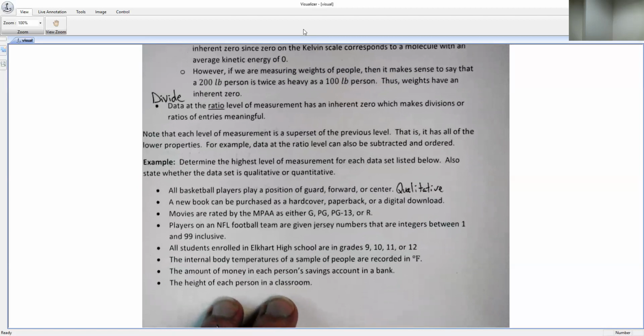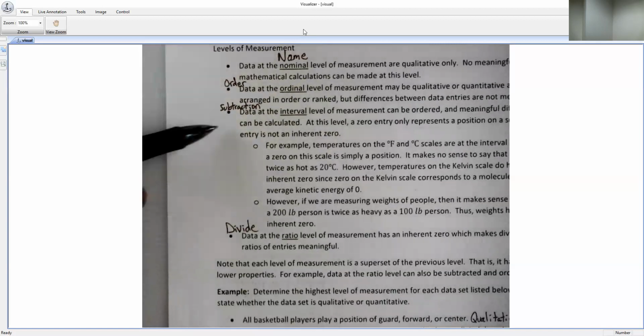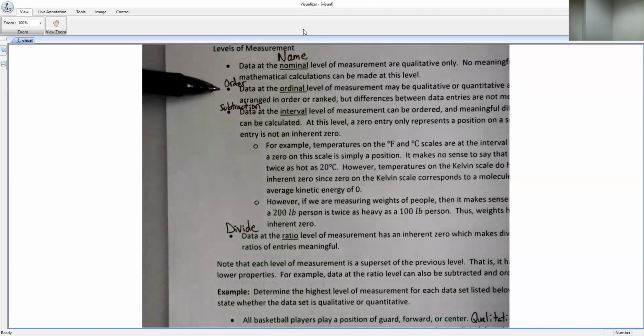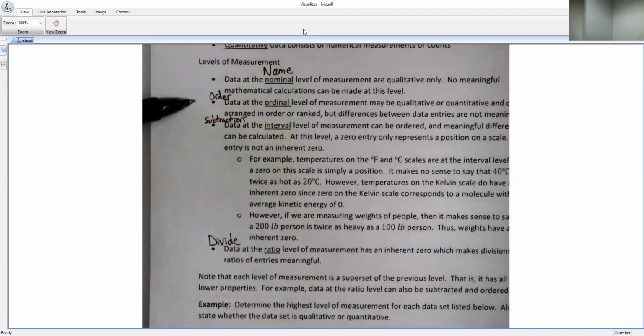And if that's the case, then I can't divide, I can't subtract, right? I don't have numbers to deal with, so I know I'm not in one of these two levels. But I might be able to put things in order even though I don't have numbers, and I certainly could name them. So let's see, the real question becomes, can I put them in order?